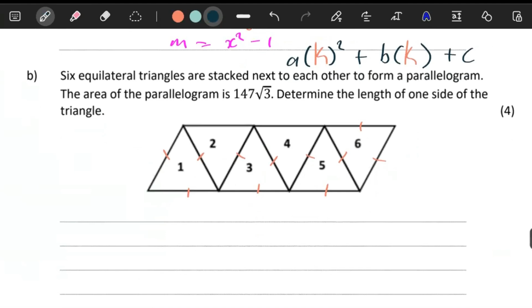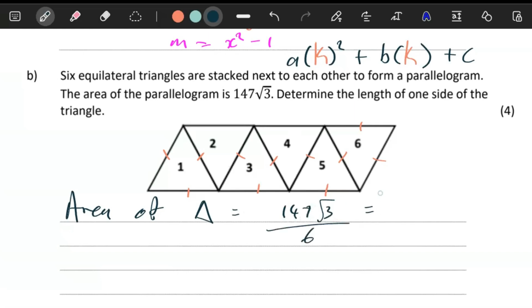That's easy, because firstly, you have to remember that with a parallelogram, the area of a parallelogram, we have it. So the area of one triangle is equal to this value here divided by 6.